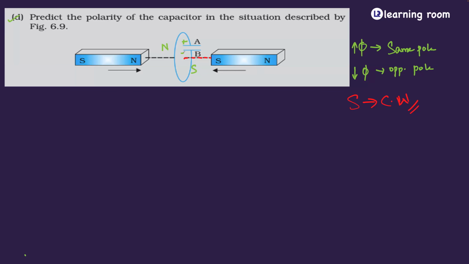This is A, this is B, and this is the south pole. Current is flowing in the clockwise direction. Current outside the battery will flow from higher to lower potential, and inside it will flow from lower to higher potential. That is why this is positive and this is negative.